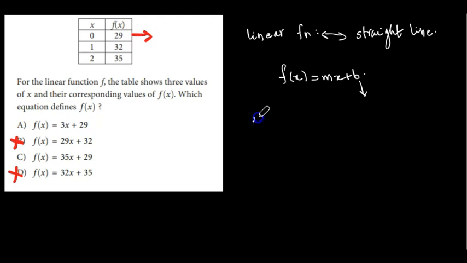When I plug x as 1 into the first equation, I get f of 1 equal to 3 plus 29, which is exactly 32, and the value that I should get is also 32. So A is going to be your answer. C won't be your answer. That's how we identify it. We can easily eliminate options using the y-intercept when such questions are given.